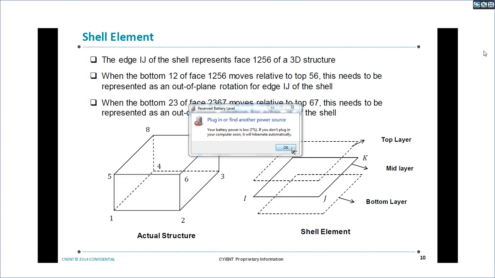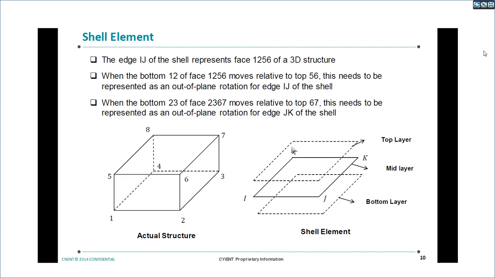Similarly, the bottom edge 2 3 of face 2 3 6 7 moves relative to 6 7, then there will again be some rotation. So these are the two out of plane rotations at node 2 or node j.